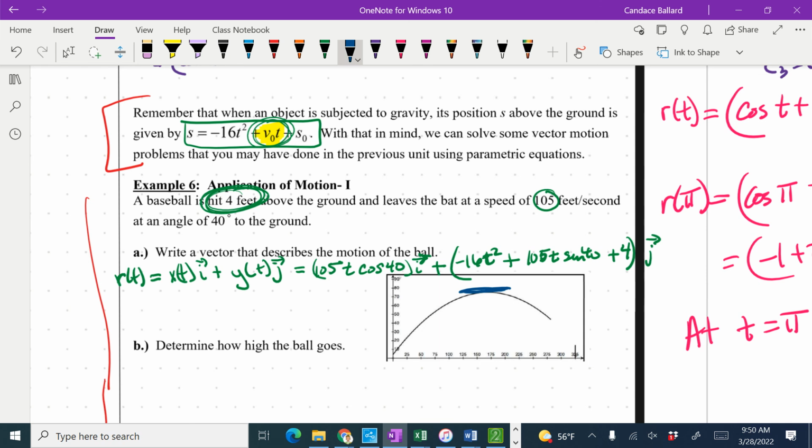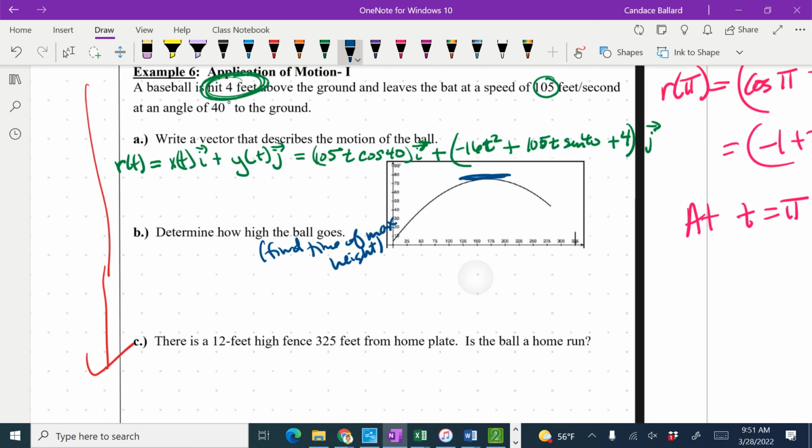It says determine how high, but the answer they gave me was in time. I'm going to rephrase that question a little. I could find how high by putting it back in the equation, but we're at least going to find the time of the max height.